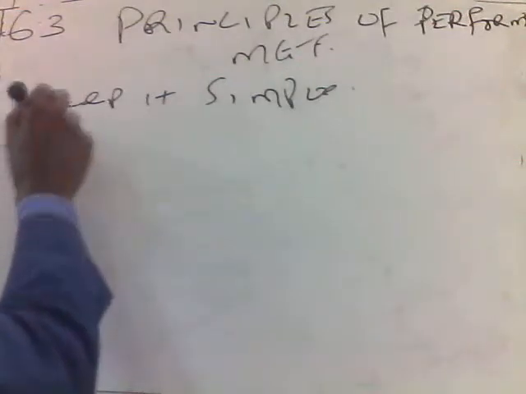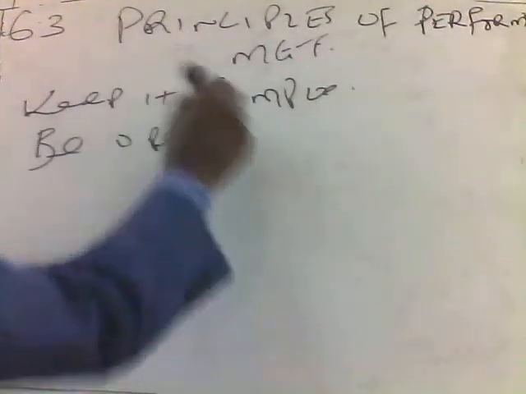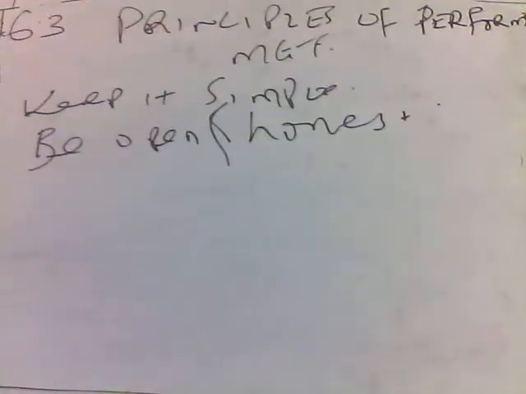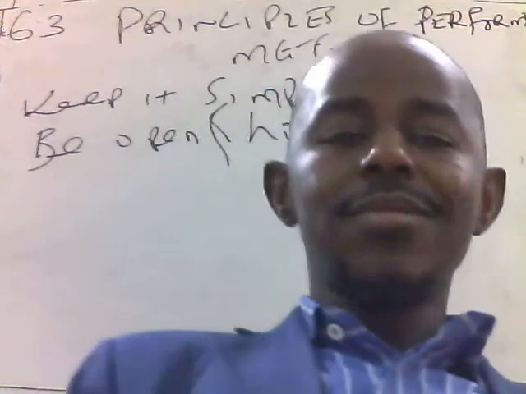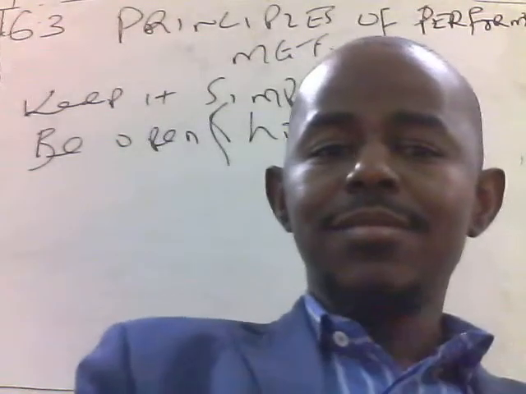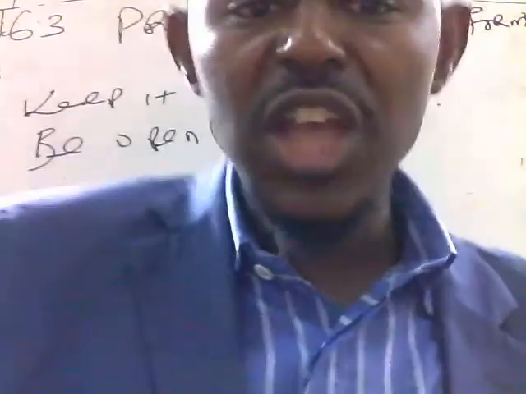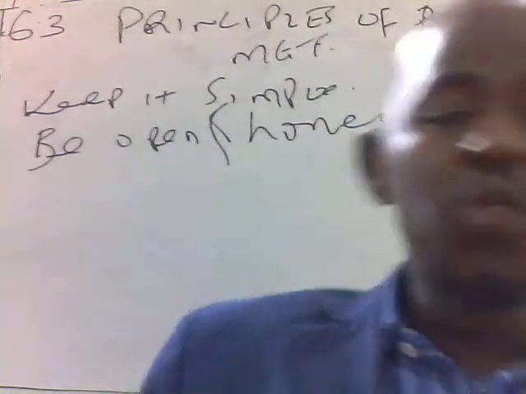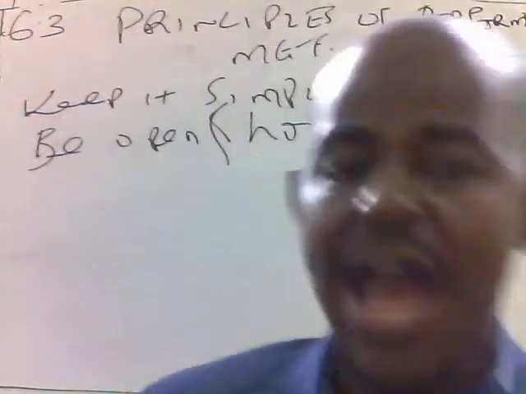Number 2, let it be open and honest. You are coming up with targets. Be honest when you are setting them. Be open when you are setting them. In the previous year, we were able to sell 20 tons.